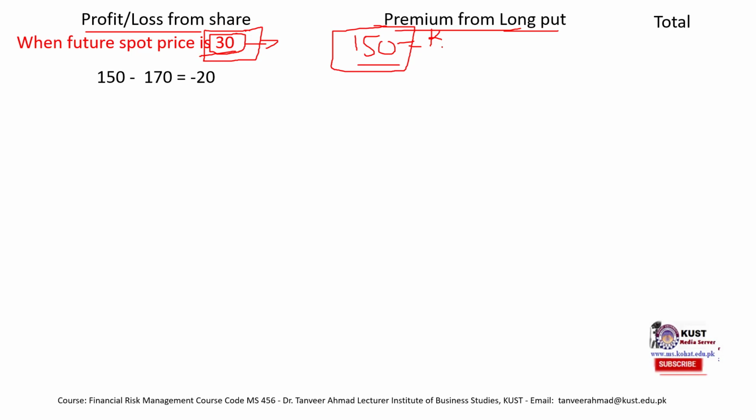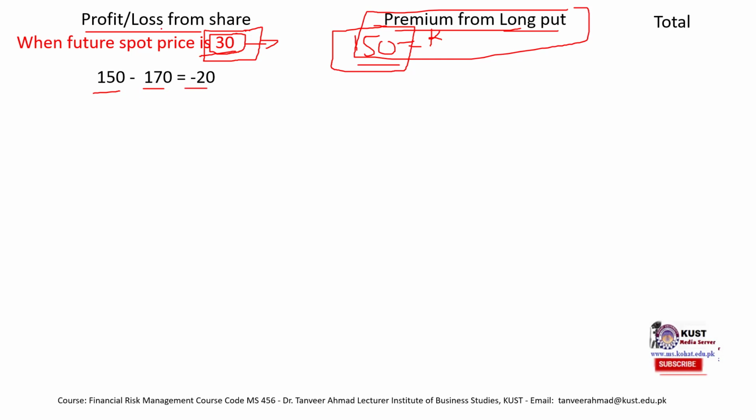So because you would sell it at this price, your selling price would be what? It would be 150. Now this long put is protecting you from this loss. Even though the market price is lower, you are selling it at 150. Your buying price was 170.